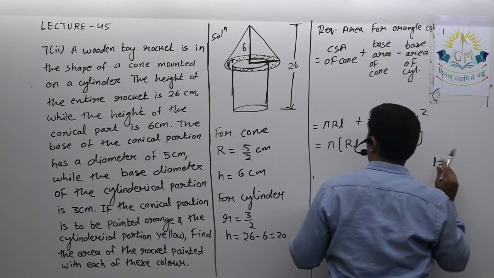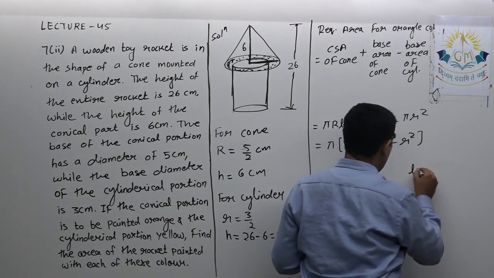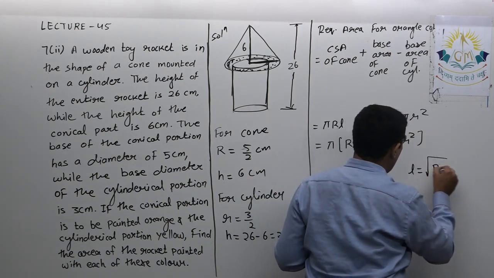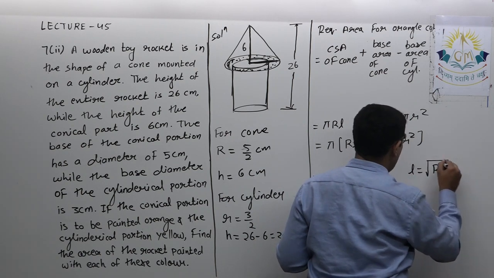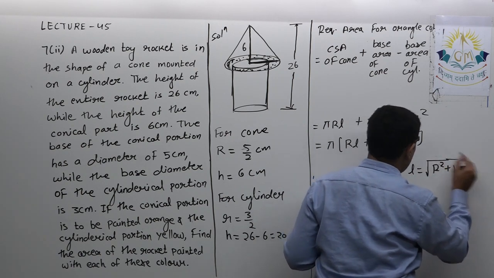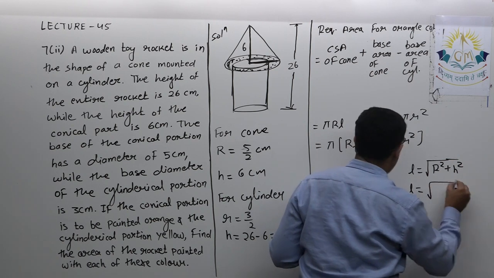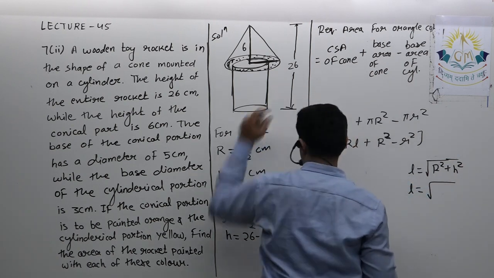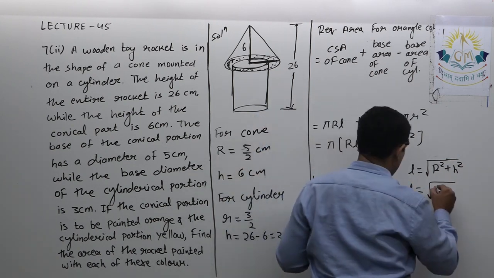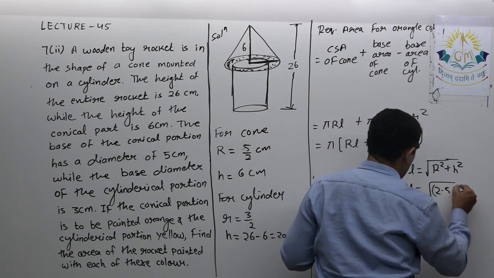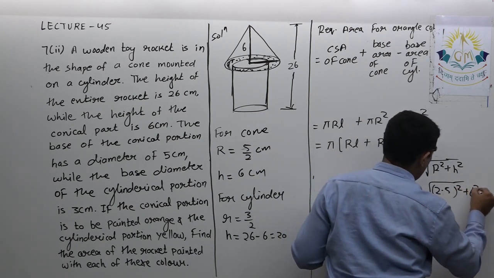But right now I'm finding the value of L over here. Let me calculate, L is equal to root of R square plus H square, isn't it? So L is equal to, capital R is 2.5, so 2.5 square, and H is 6 square.